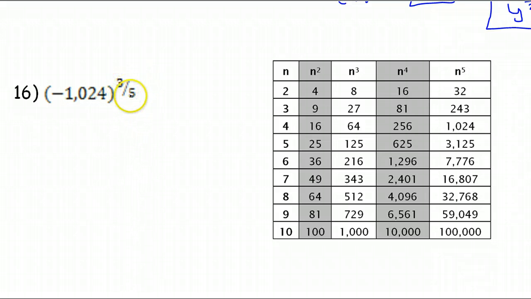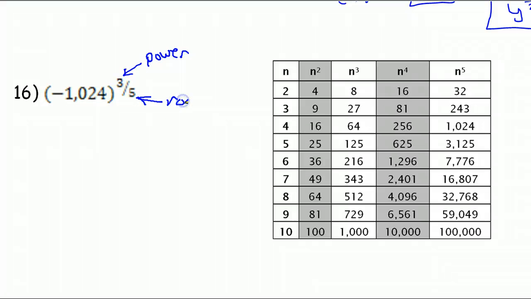Alrighty then. We have to do this thing to the 3/5 power. Clearly, this is a job for radical form. Notice this negative sign is inside the parentheses, so it will be included in the middle of the problem. This 3 is the power, as in third power.